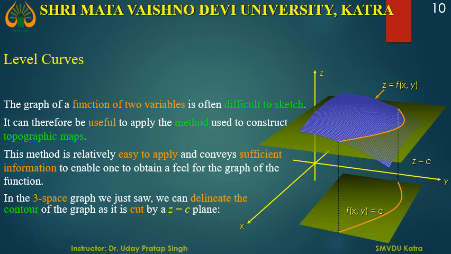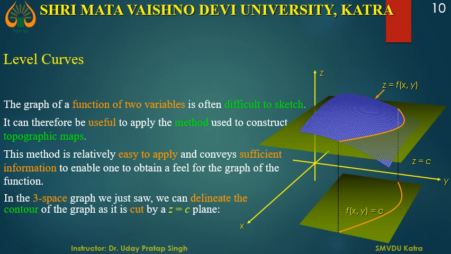What is a level curve? The graph of a function of two variables is very difficult to sketch. Even the graph of one variable is sometimes difficult to sketch, but a function of two variables is more complex. A function of three variables is even more complex than two variables and one variable.